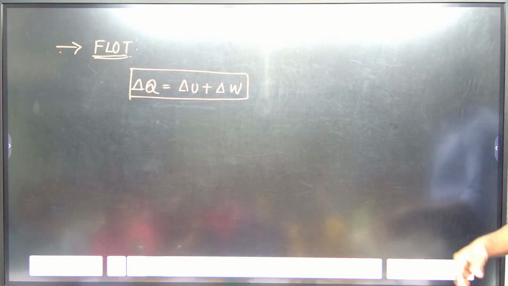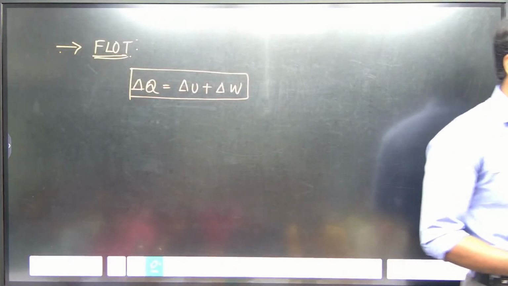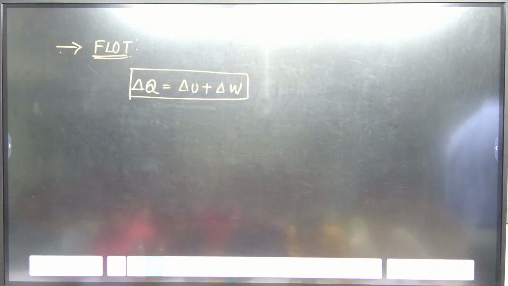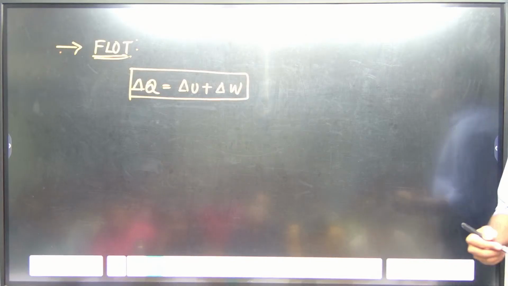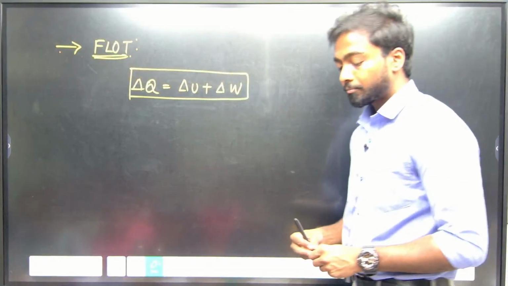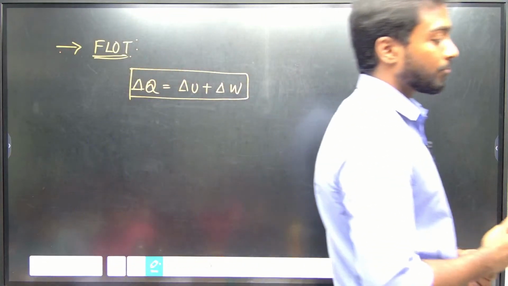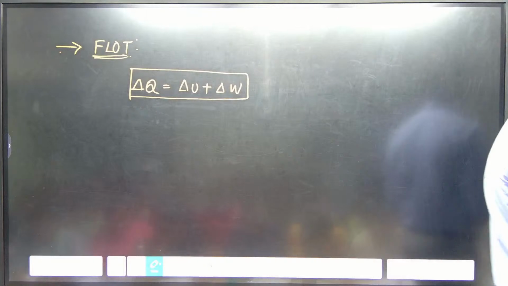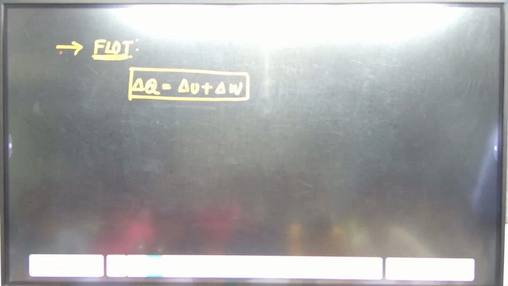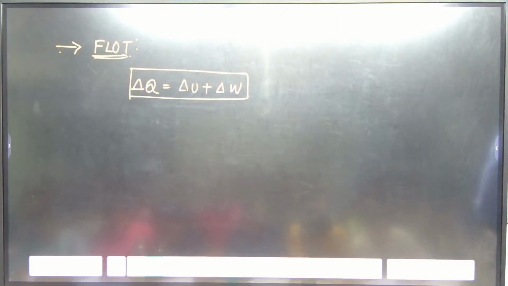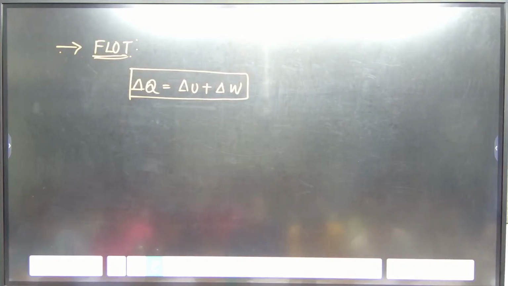And the conventions. First point, for delta Q: heat is supplied to the system. In bracket you can write it is heating of the object, which is positive.